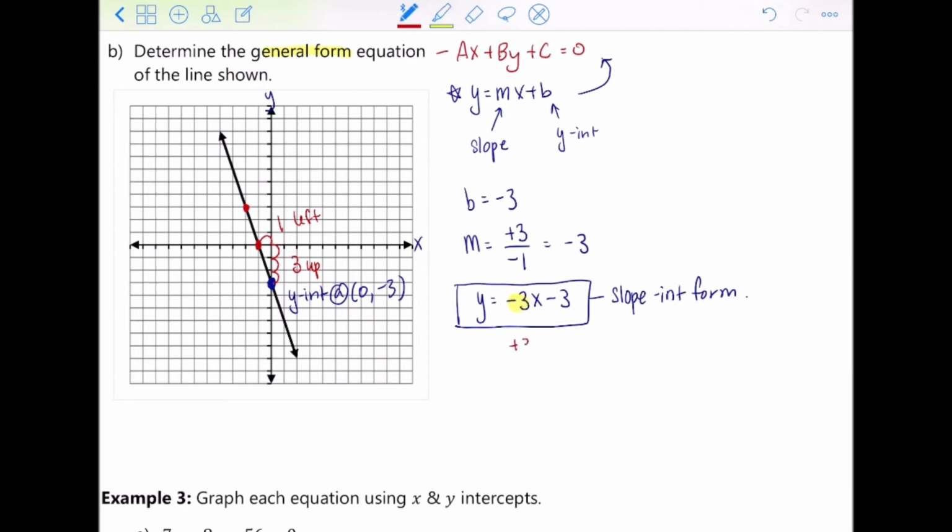Let's add 3x on both sides of the equation. So we get 3x plus y equals negative 3. And then you remove that 3 on the right-hand side by adding 3 to both sides. So we get 3x plus y plus 3 equals 0.